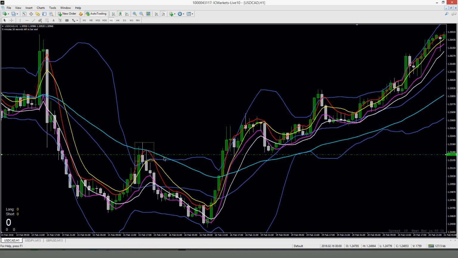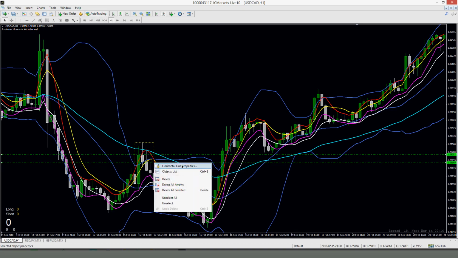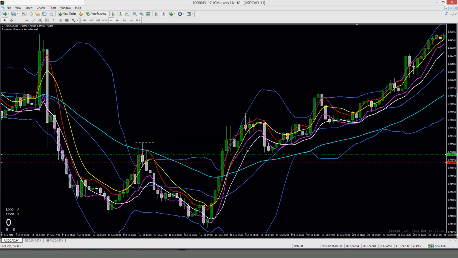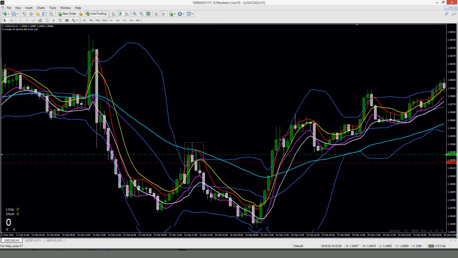Okay. So let's just say the market goes down after you have sold it for about, that's about 10 pips over there. Okay. So after it went to 20 pips, what you need to make sure that you do is that you lock your entries at half of your target. Okay.